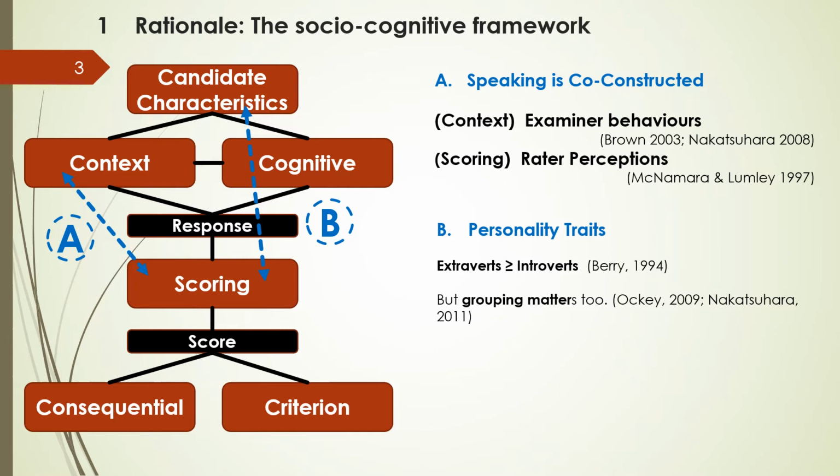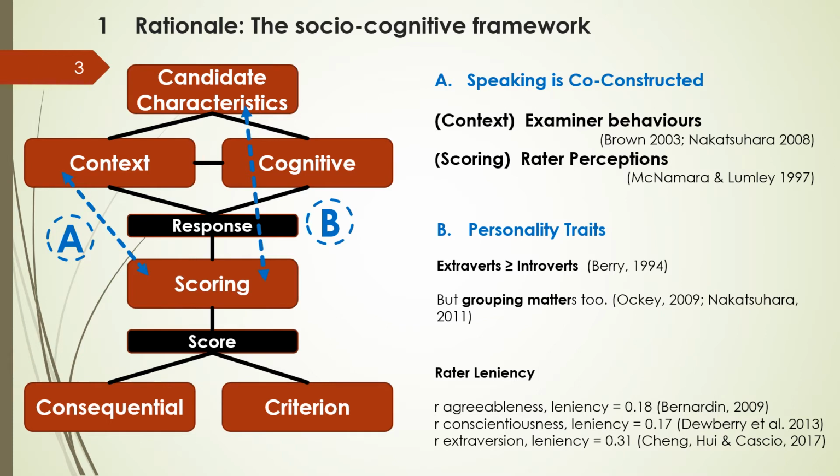That the study of personality in language testing has only been viewed from the point of view of the test taker is curious, especially given our understanding of speaking tests as social events between all participants. Research from the fields of medicine and business have shown small correlations between certain personality traits of raters and greater leniency in scoring.